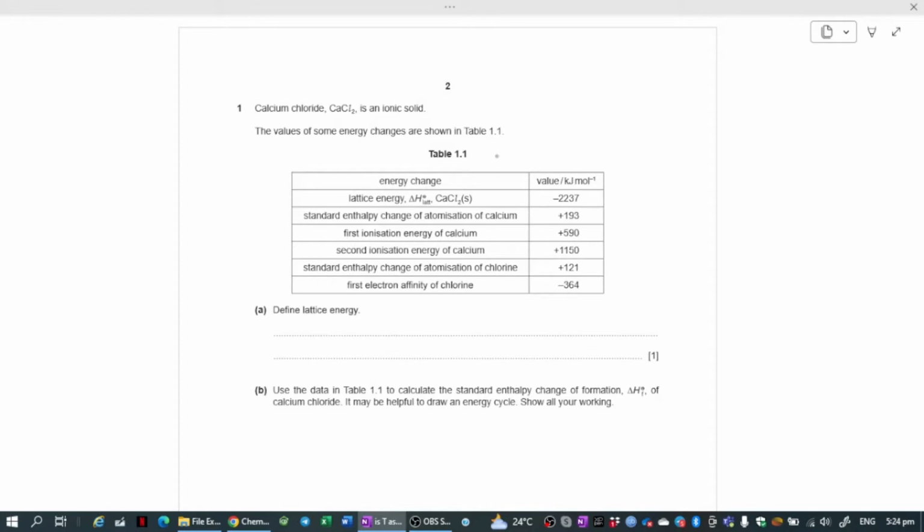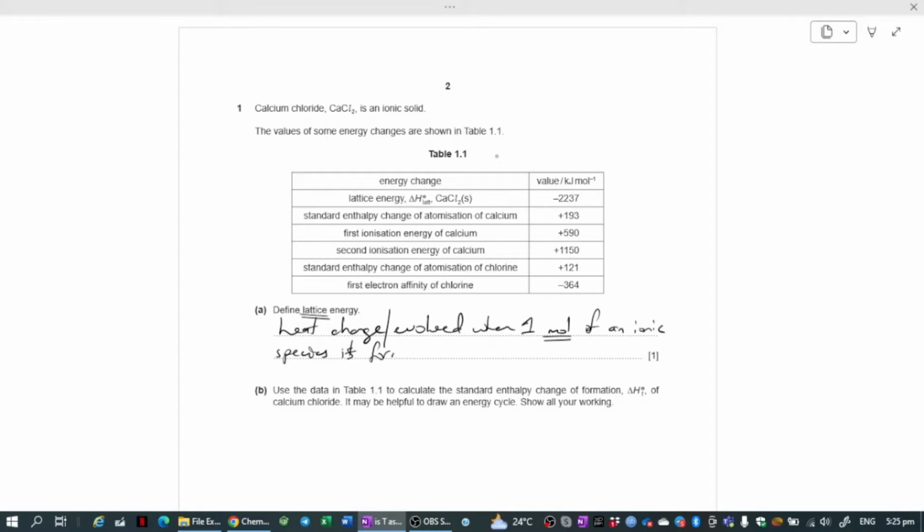Lattice energy is the heat change, or you could say the heat evolved, because lattice energy is always exothermic. So you can say the heat evolved when 1 mole, and this is important, 1 mole of an ionic species is formed from its gaseous ions.